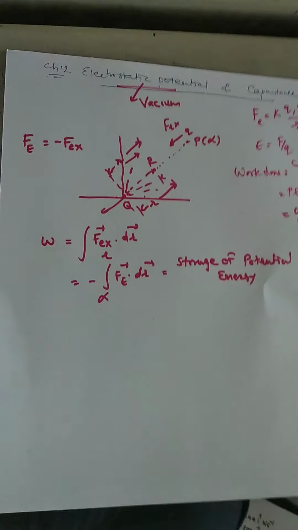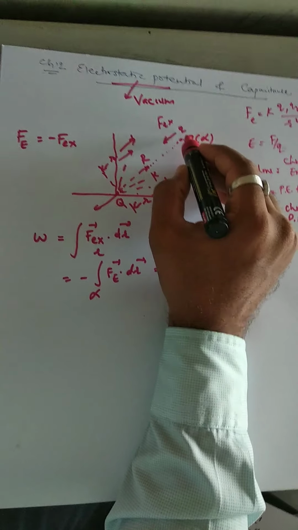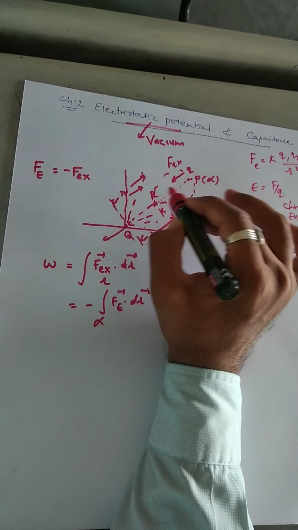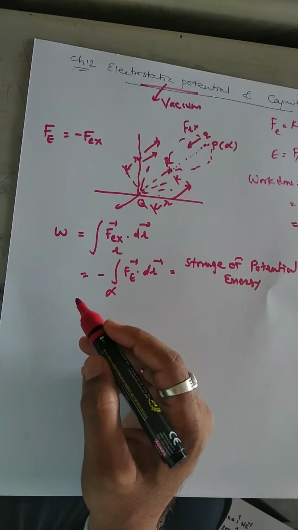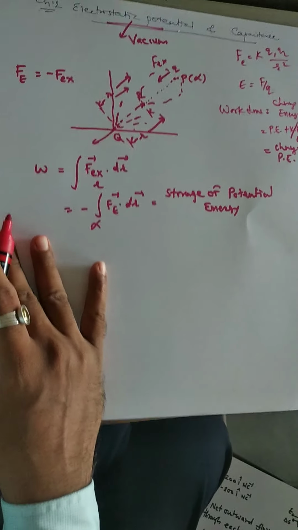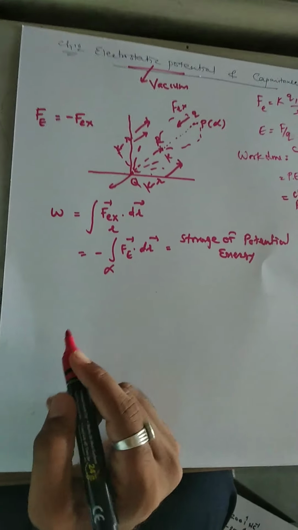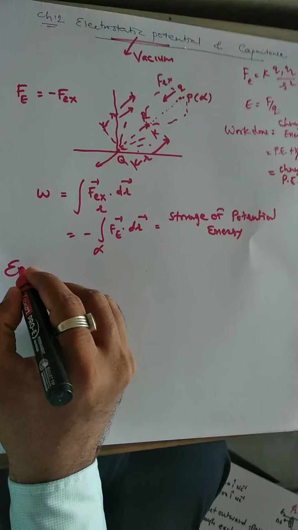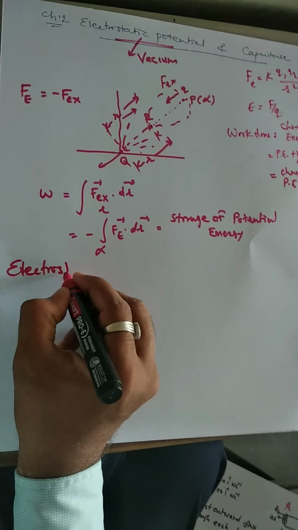And here we bring this charge q from infinity to point r, so it does not depend upon the path, it only depends on the initial and final positions. So you can consider any path, and based on this concept we have another new terminology, that is electrostatic potential.